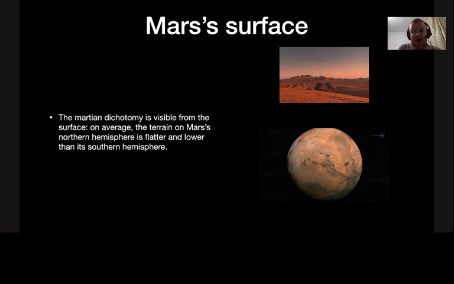No mountains, no hills, no bumps, just completely flat. But in the southern hemisphere, lots of mountains, lots of bumpy rocky areas and small hills. So, very, very different between the northern hemisphere and southern hemisphere on the surface of Mars.